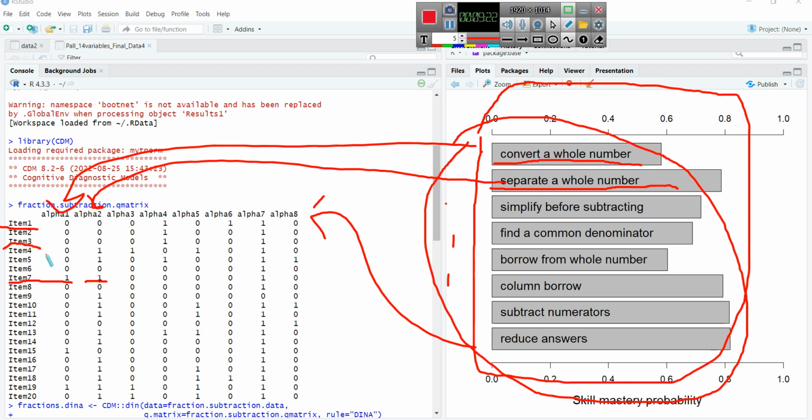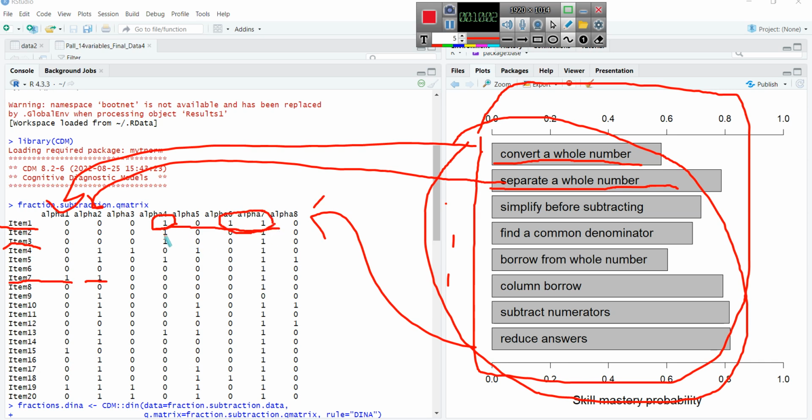for the cognitive diagnosis model. So the compensatory model, like DINO, is about the role of these skills in answering test items. In the compensatory model, lacking one skill may be compensated by the remaining skills.